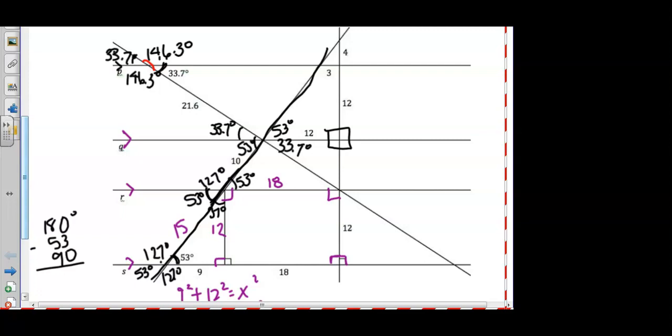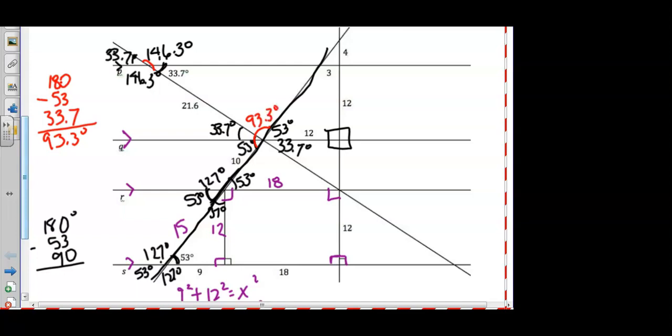Now, if we take a look at this diagram, these three angles should add to 180. So I can perform the operation 180 minus 53 and minus 33.7, and I should get the missing angle, which should be 93.3 degrees. So I'm going to label this one here as 93.3 degrees.